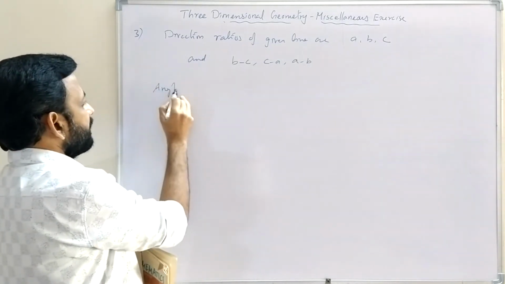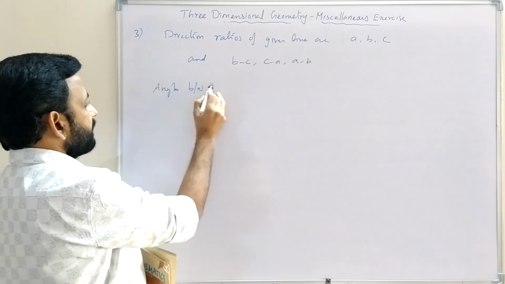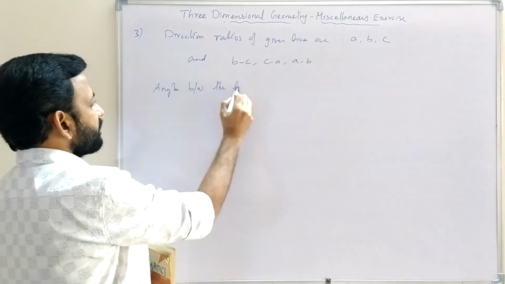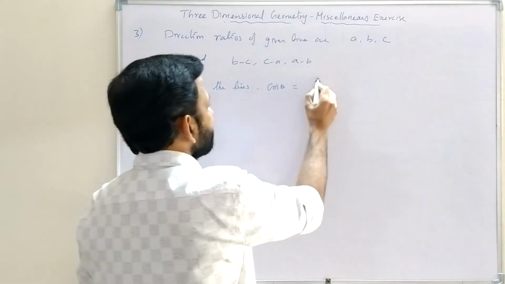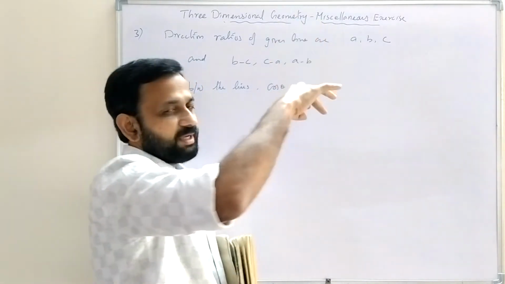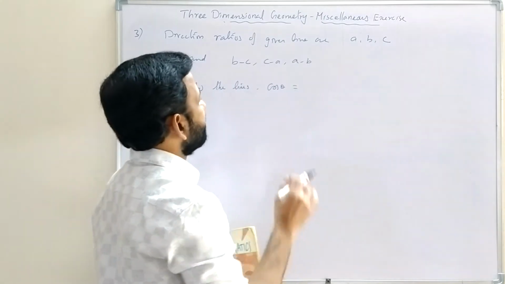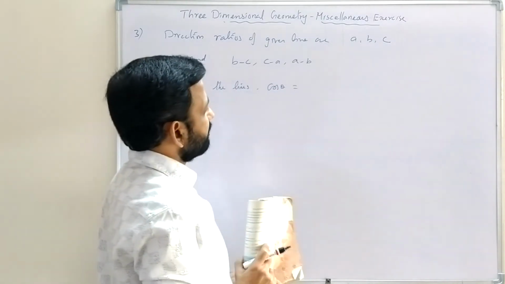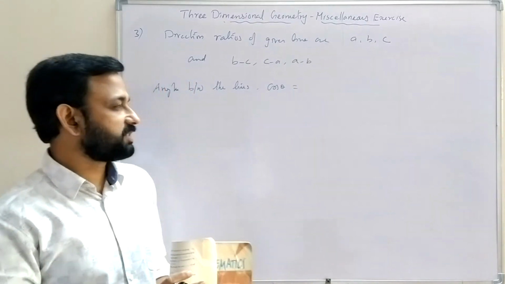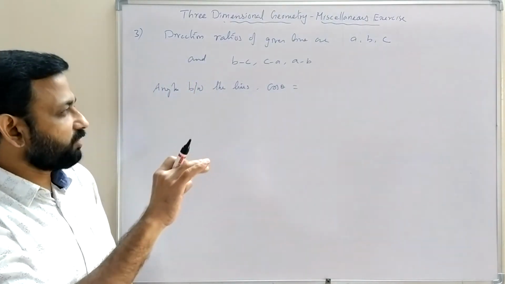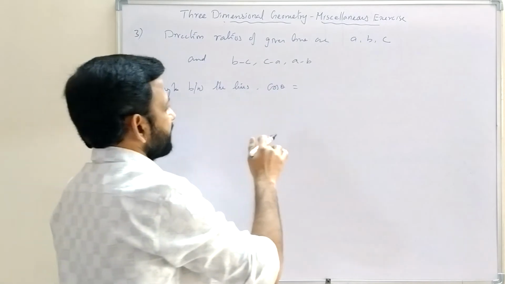Angle between the lines: cos theta is equal to (A1 A2 plus B1 B2 plus C1 C2) divided by the magnitude, that is square root of A1 square plus B1 square plus C1 square, into square root of A2 square plus B2 square plus C2 square.